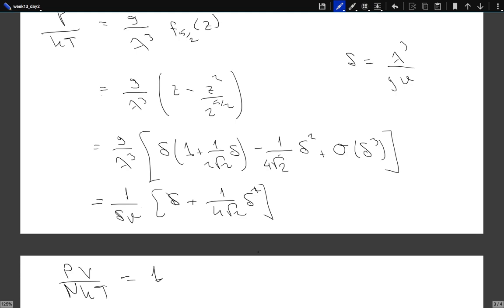No, this is plus, sorry: 1/2 minus 1/4 is plus 1/4. So 1 plus 1 over 4 square root of 2 delta, where delta is lambda cubed over g v, plus corrections of the order of lambda cubed over g v squared. By the way, I made a mistake yesterday: I said that z was the virial expansion, but this is called the virial equation of state.